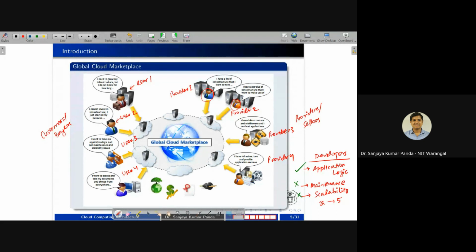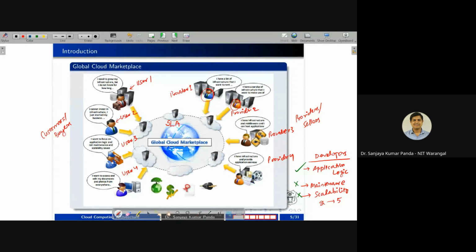So if after using a product you feel that it is not working, then you can claim. Up to how long you can claim, there is a limit written in the terms and conditions. So there is a certain type of agreement. In the cloud marketplace, we have a certain type of agreement that is called a service level agreement, or SLA.